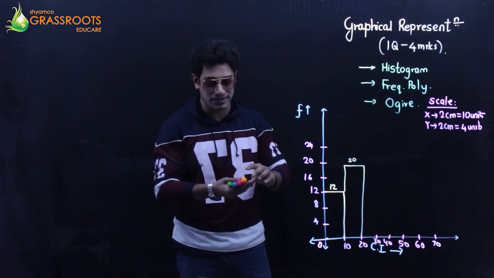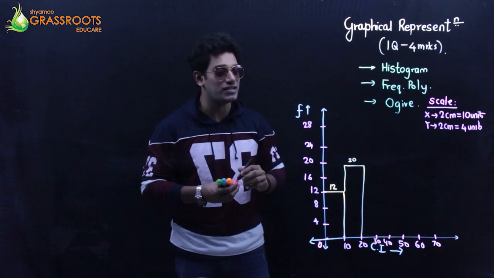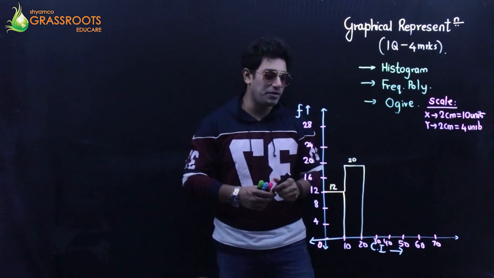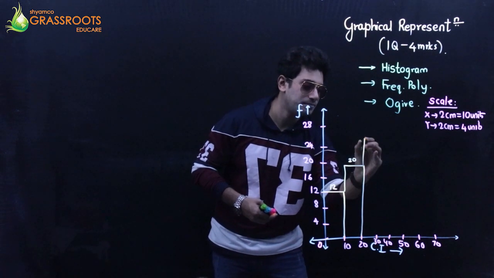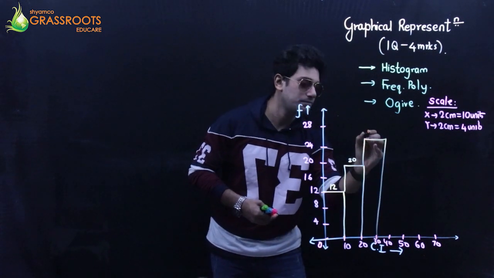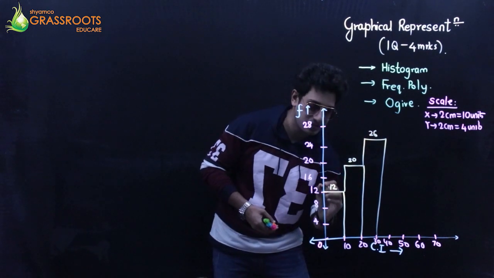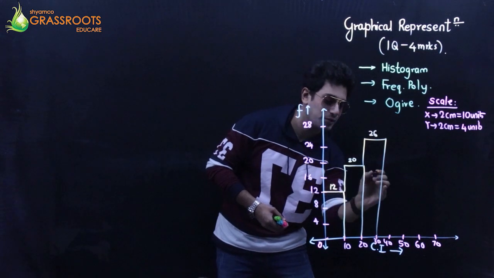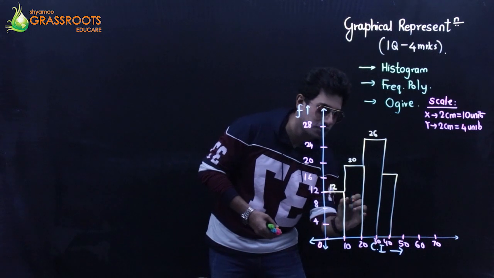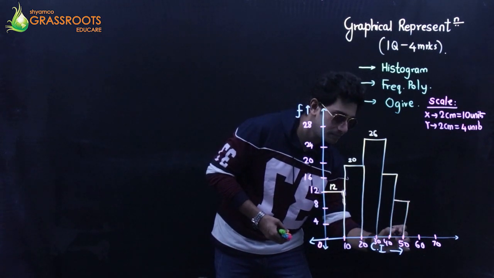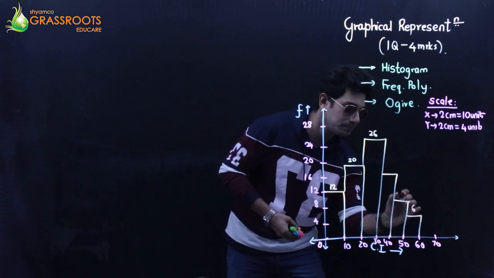Since there is 26, we'll have to go with one more line at 28, because the gap is of 4 units. 26 is between 24 and 28, somewhere out here. The next ones are 18, 10 and 6. 18 is between 16 and 20, 10 is between 8 and 12, and 6 is between 4 and 8.